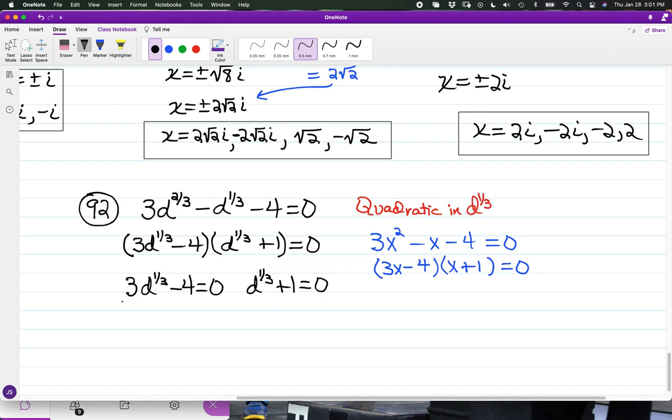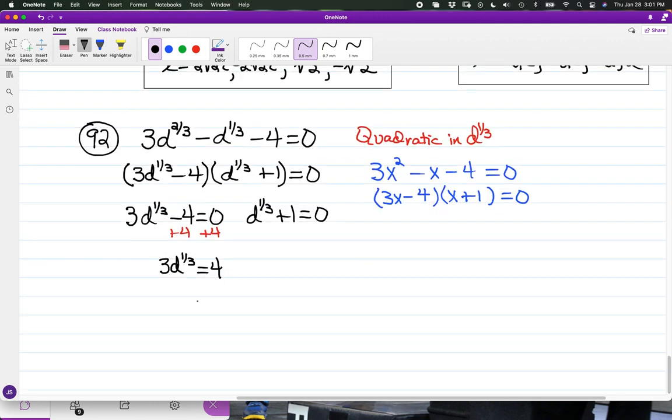If I isolate the d to the 1/3 terms, adding 4 in the first case, we have 3d to the 1/3 is equal to 4. And upon division by 3, we have d to the 1/3 is equal to 4/3.